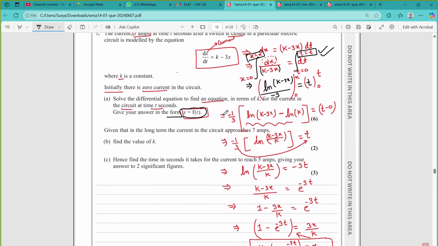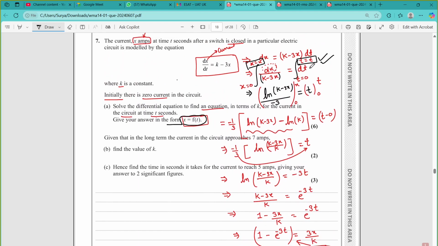And now, either you can use your indefinite constant c and then apply your limit. Otherwise, see what I have done: I have converted my indefinite integration into a definite integration. I have applied my limit directly. For t equals 0, x equals 0. For t equals t, my x should be x.